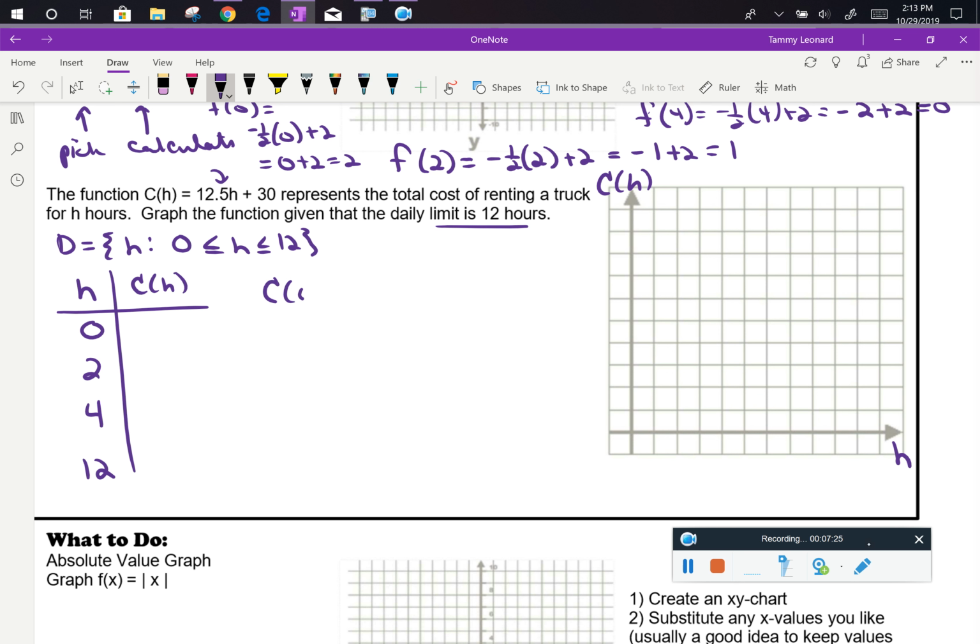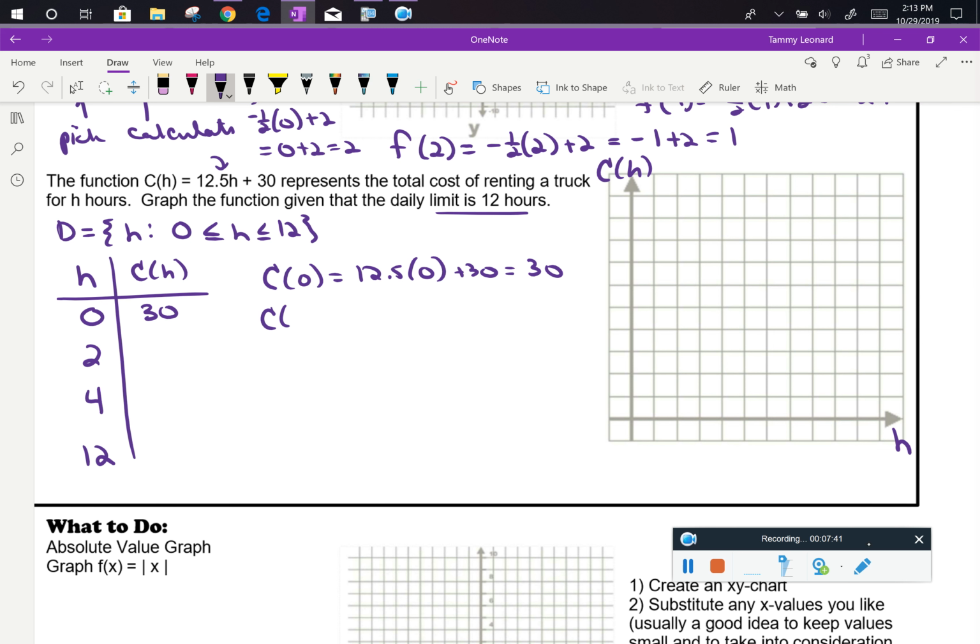So if I do C of 0, 12.5 times 0 plus 30. Well, 12.5 times 0 is just 0. So it would cost me $30 if I wanted to rent the truck but then not take it anywhere. If I do C of 2, I have 12.5 times 2 plus 30. Well, 12.5 times 2 is 25, and 25 plus 30 is 55.